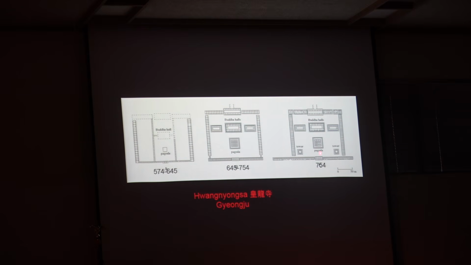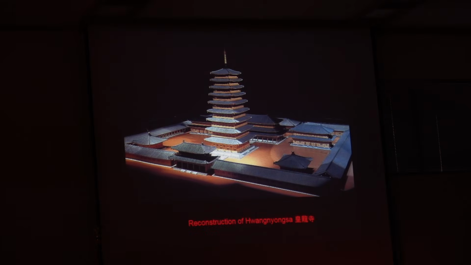And then by the middle of the 8th century, we have the twin towers, we have the pagoda, we have 3 Buddha halls. And this is where I look when I look at the northern Qi monasteries that I just showed you from China. In other words, it's not neat and tidy as one might like it, but this is the physical evidence as of today.